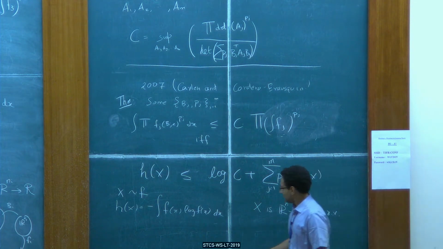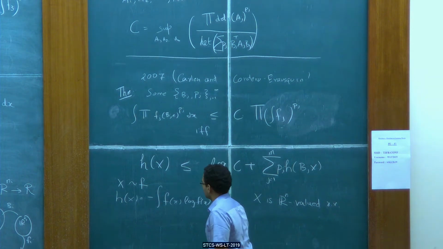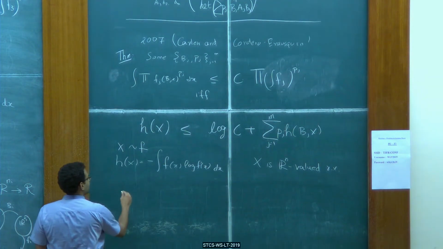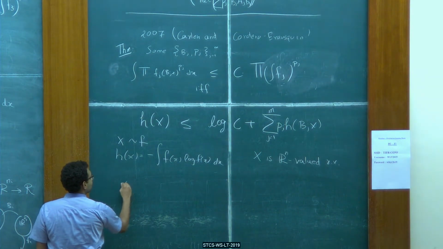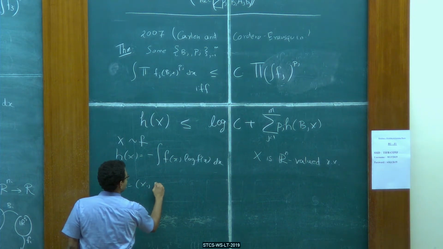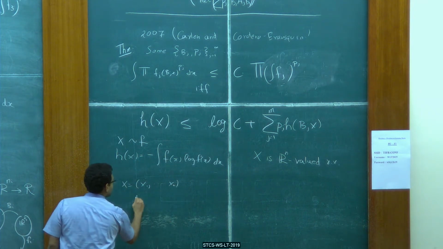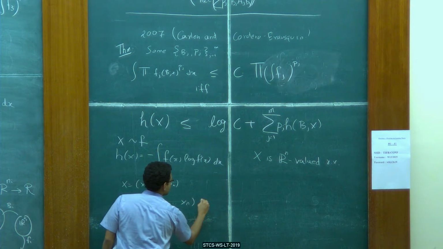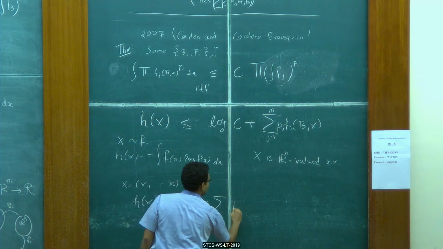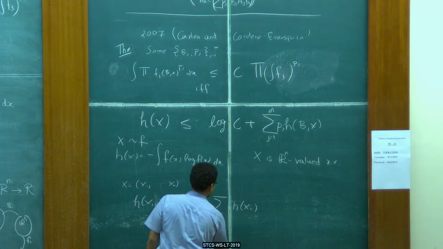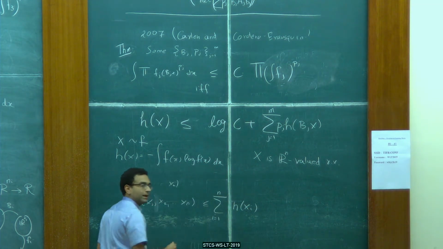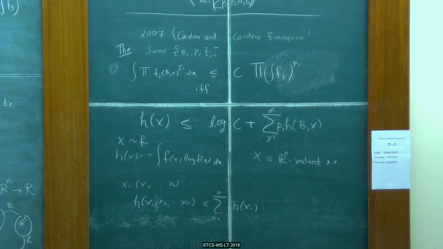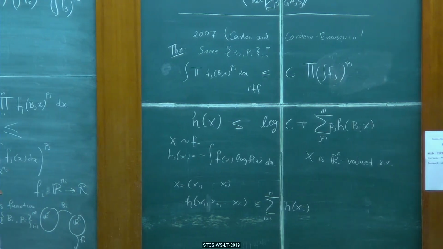For example, you might be familiar with the standard subadditivity result, which says that let x be x1, x2, ..., xn, then h of x, which is h of x1, x2, ..., xn, is upper bounded by the sum of h of xi. So the entropy of x is upper bounded by the sum of the entropies of the individual components.